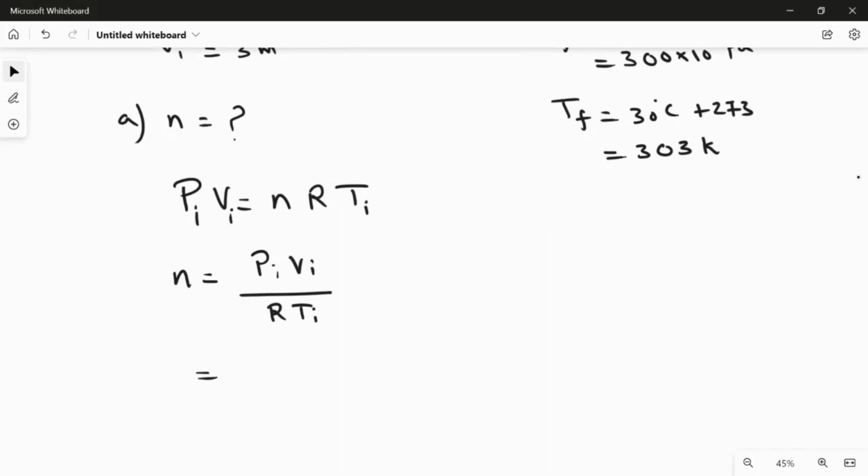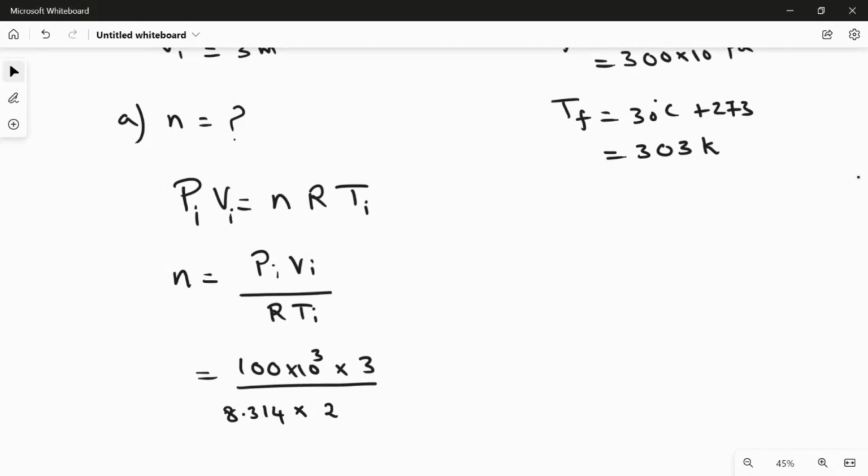I'm going to substitute the values. The initial pressure here is 100 kilopascal, 100 multiplied by 10 power 3, and the initial volume is 3 meter cube, which is already given in the question. Over R, the ideal gas constant. The gas constant value is 8.314, and the initial temperature is 283 Kelvin, converted from 10 degrees Celsius.